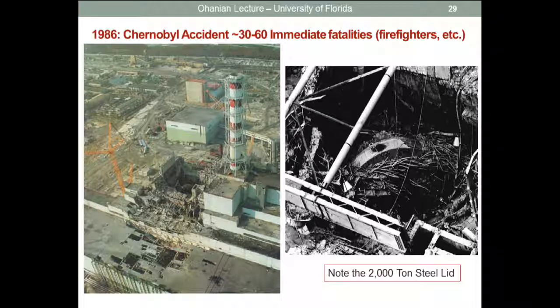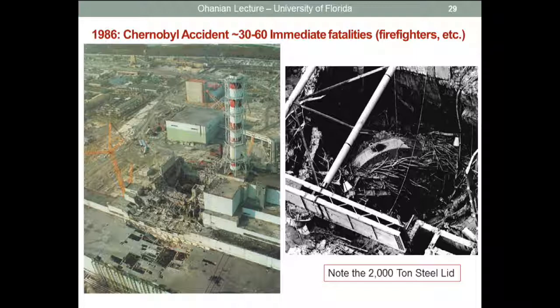There were no great secrets about that. It had no containment building at all. And when this accident happened through a complicated sequence of events, which should never have occurred, it had a steam explosion and fire, and released a giant plume of radioactive material. The whole core basically disassembled, and it was launched over Europe.